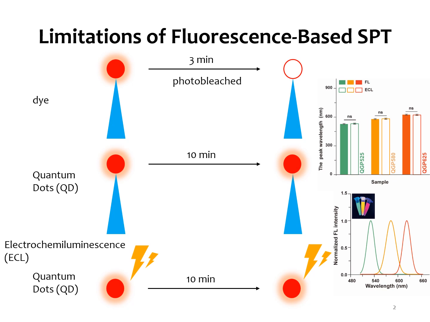The picture on the right shows that we use laser or ECL to excite quantum dots. The wavelength is the same, and different quantum dots give about the same brightness.